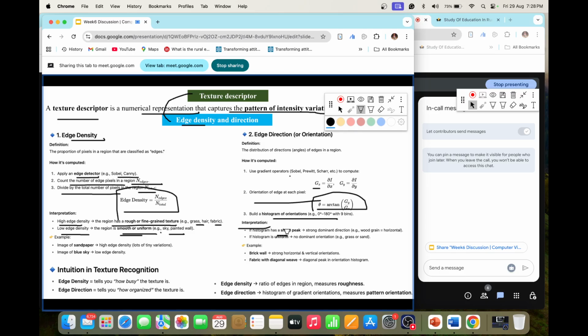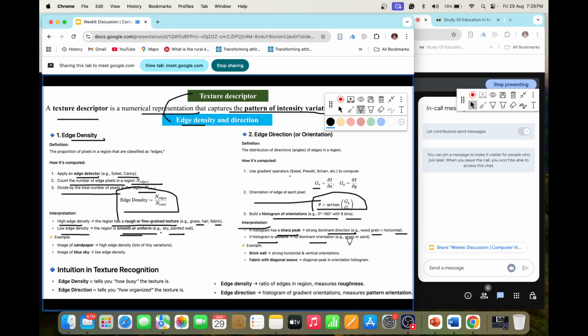If the histogram has a sharp peak, with angles from 0 to 180 separated into n bins, for example 9 bins, it is a strong dominant direction like horizontal wood grain. If the histogram is uniform, there is no dominant orientation, like grass or sand.